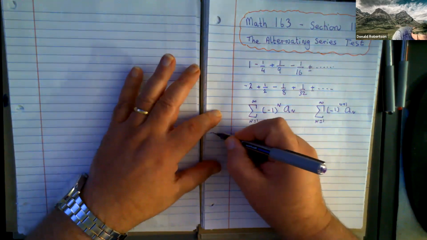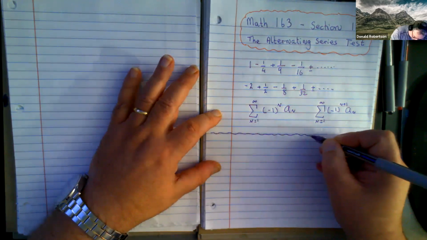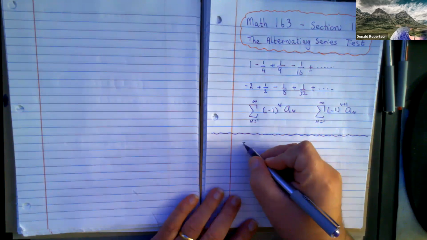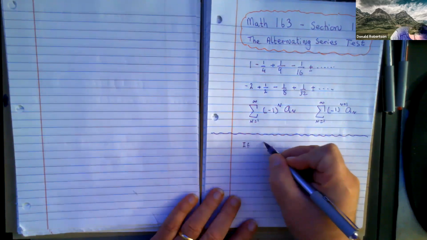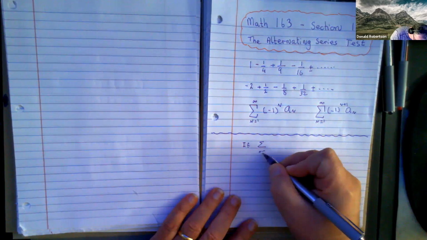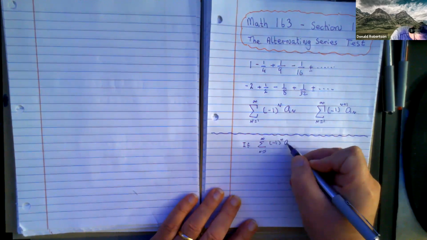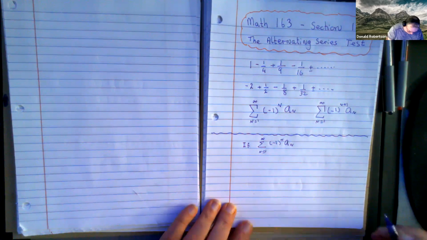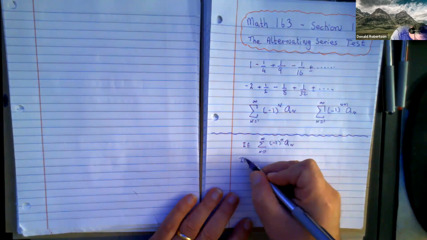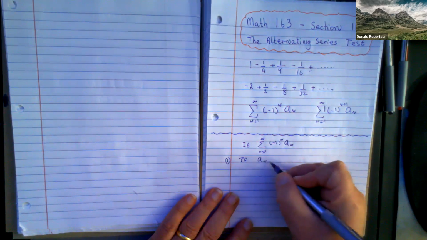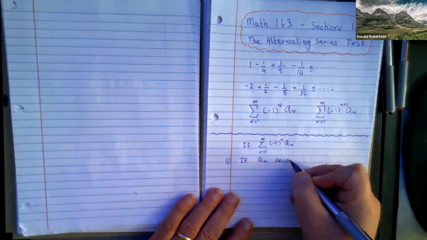And here is how that test is stated. So if we have an alternating series, let's take this one. First thing is, you have to prove that the series is decreasing.